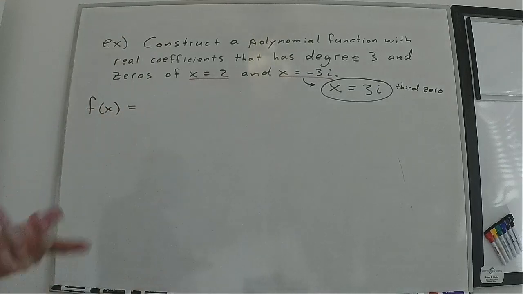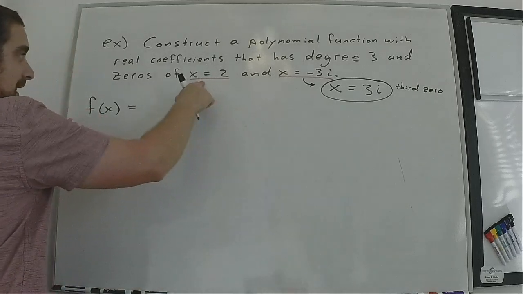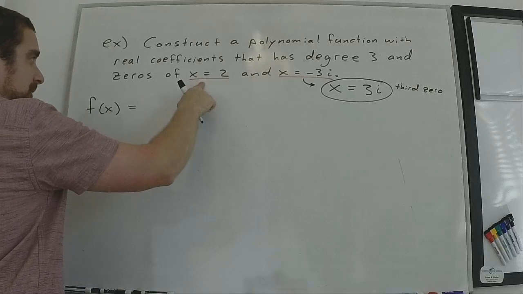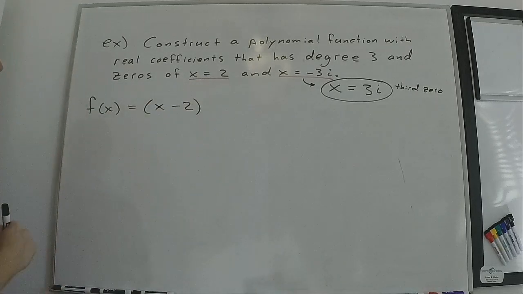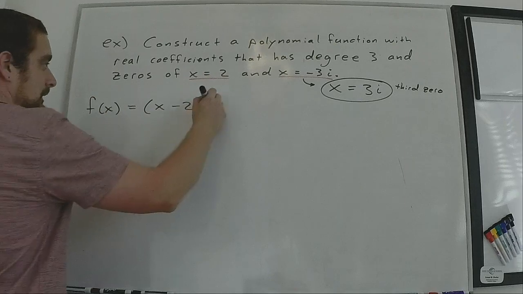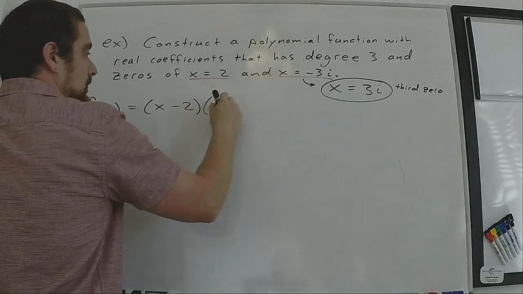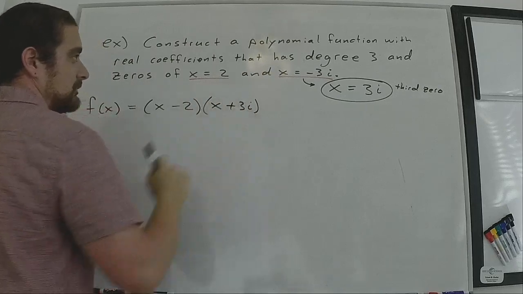Now, I'm going to use the factor theorem. The factor theorem states that if I find a zero of a polynomial, then I can construct the factor that corresponds with that zero. If I have a real zero of positive 2, then I must have a factor of x minus 2. Because if I plug positive 2 in, 2 minus 2 is 0. If I have a zero of negative 3i, then I want a factor that has x plus 3i.